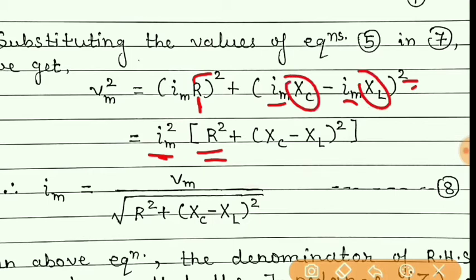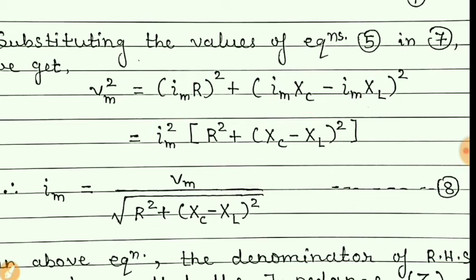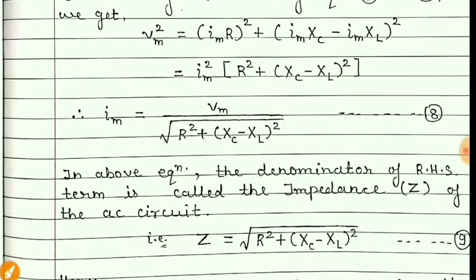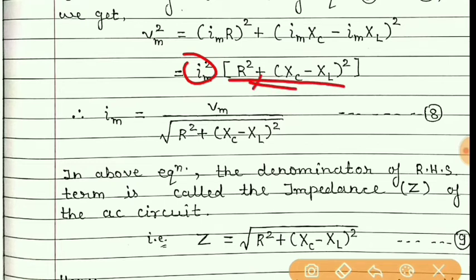(XC minus XL) square. So this is simple mathematics; we have simply taken Im square common. Now just make Im square the subject. If we make Im square the subject, this term will go to the left side in the denominator. So we will get Vm square upon this term.